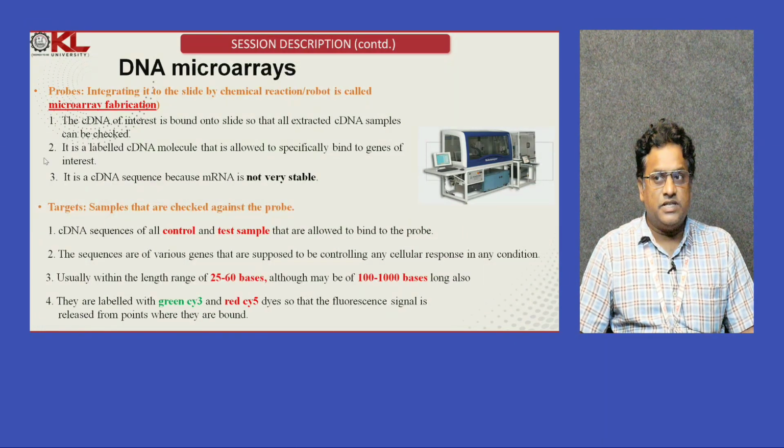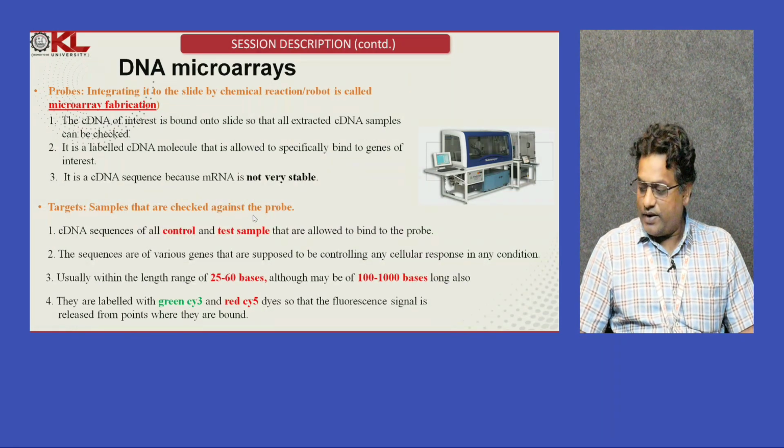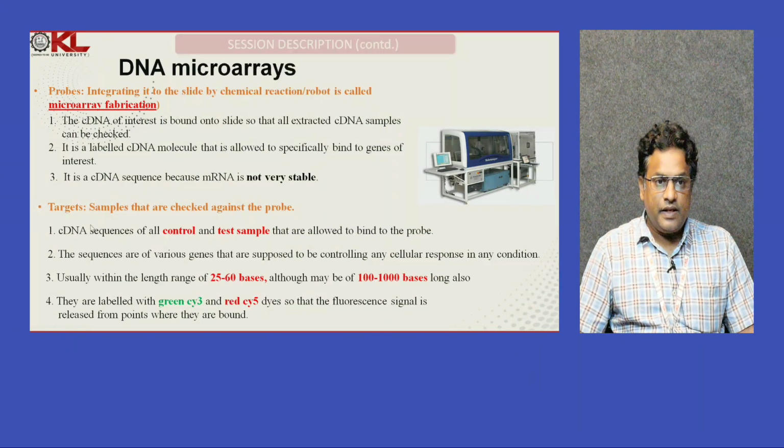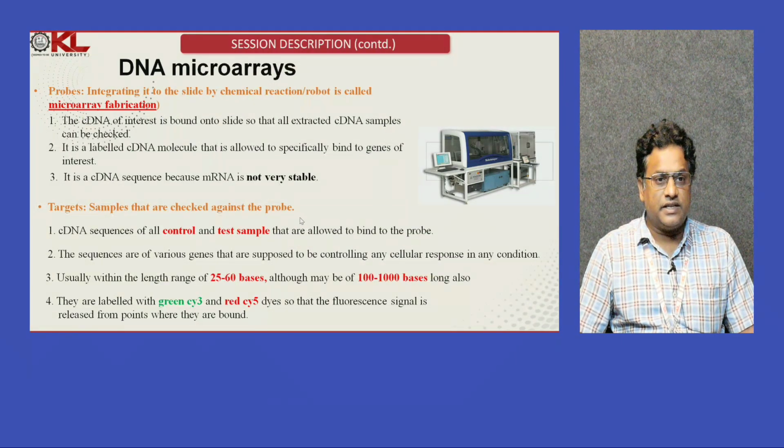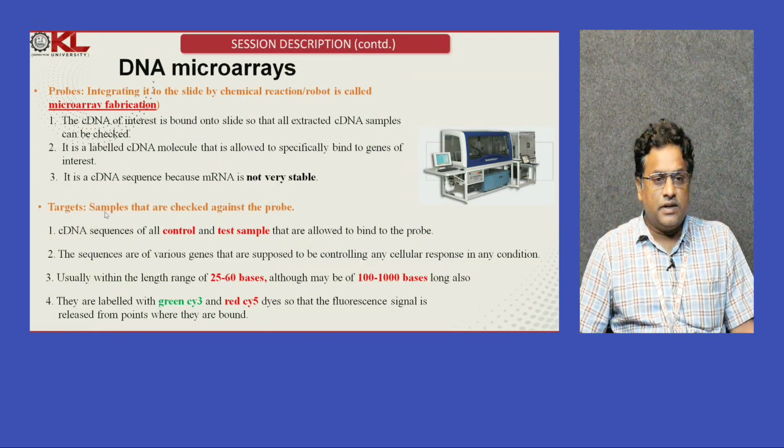It is the cDNA sequence, because mRNA is not stable, so of course you convert it into cDNA. And the targets are those samples that are checked against the probe.